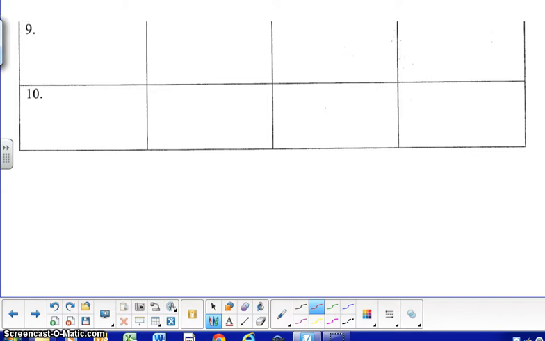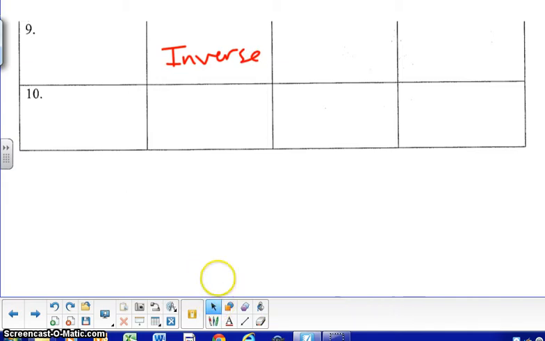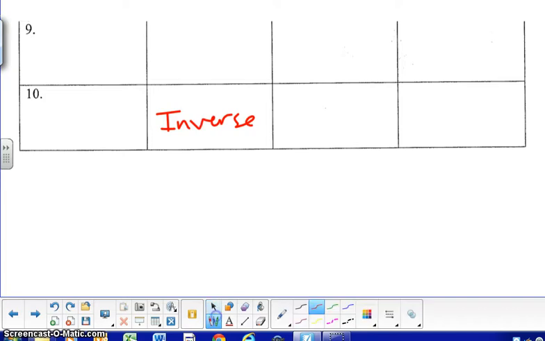Number 10. Now we are switching to inverse, so that would go in the second box. Number 9 is one you're doing for class, so I'm going to go ahead and just move that down here. 9 is also inverse, so you don't have to erase it. But what is given is that y equals 16 and x equals 4.